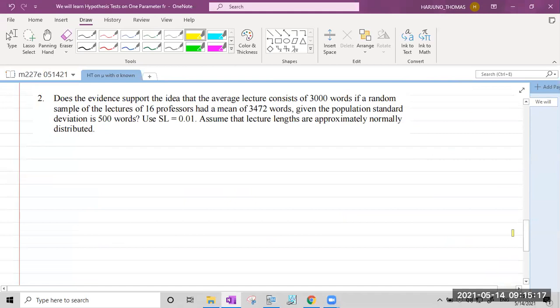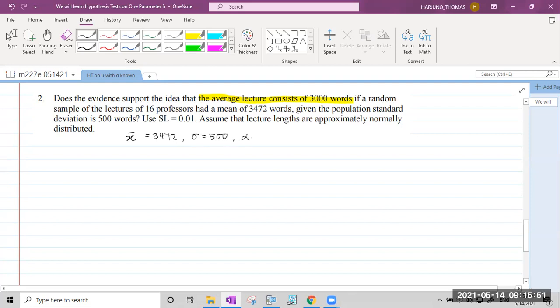Number 2, does the evidence support the idea that the average lecture consists of 3,000 words if a random sample of lectures of 16 professors has a mean of 3,472 words? So that's the sample mean. Sample mean is 3,472. Given population standard deviation is 500.